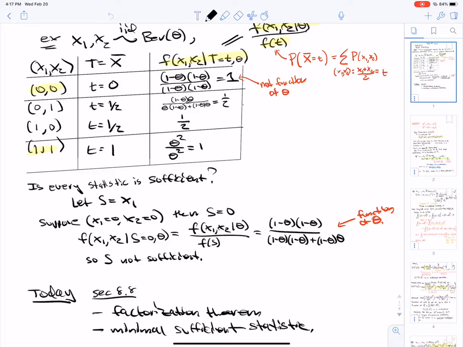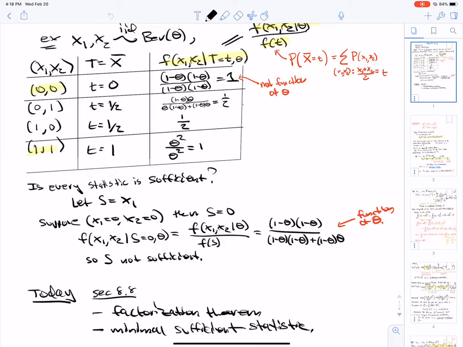So we have two possibilities. Now theta will not cancel out of this conditional density, so S is not sufficient.